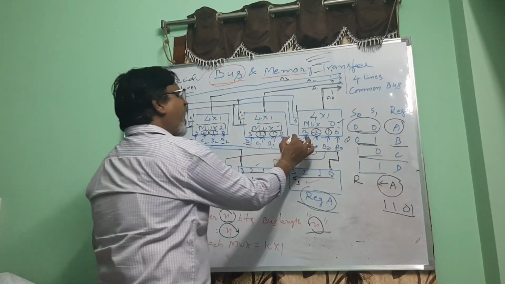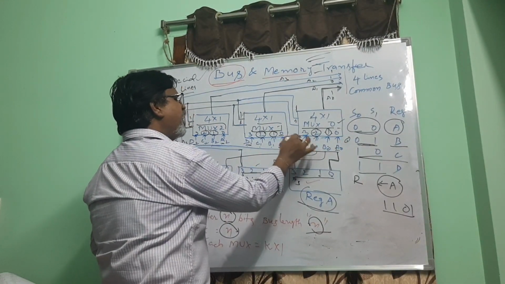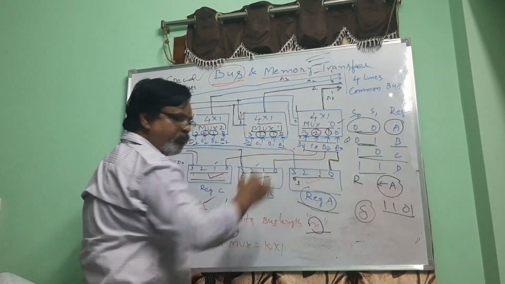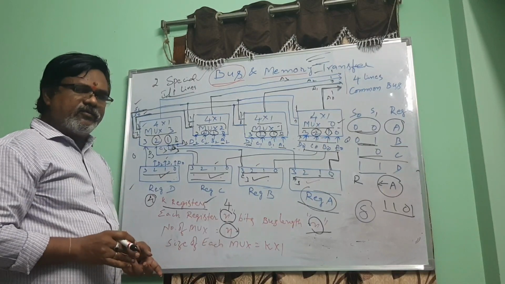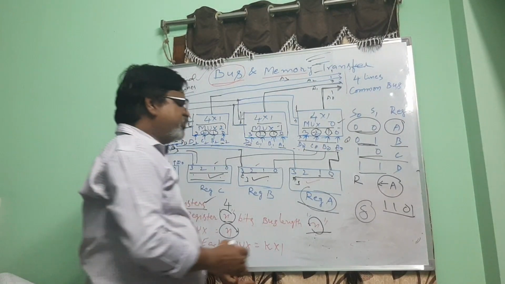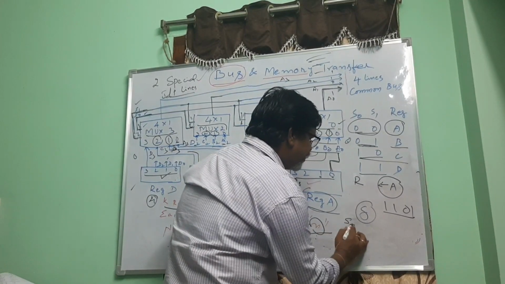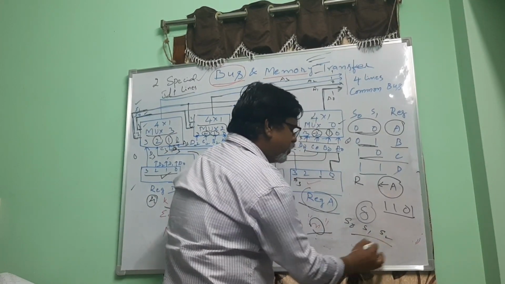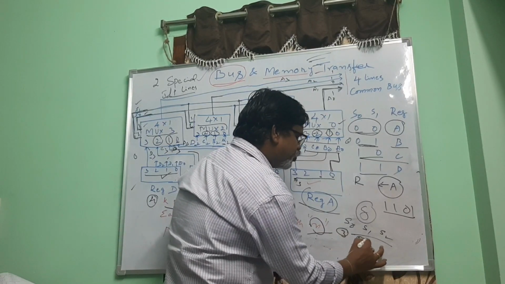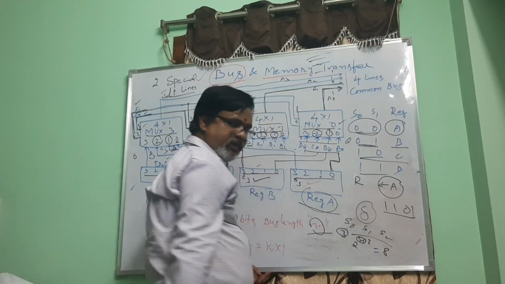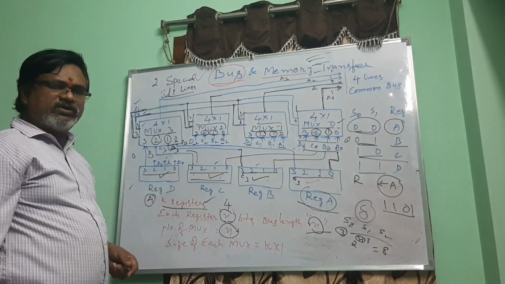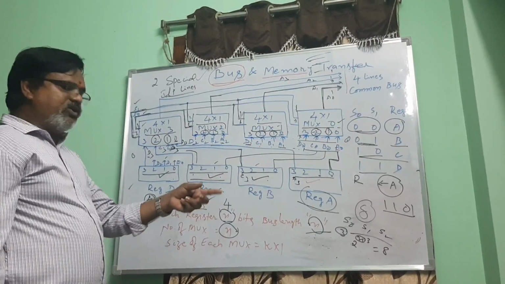So if you add the number of inputs here, when you get 8 inputs and select one input among the 8, you need S0, S1 and S2, 3 inputs, to generate 2 power 3 combinations, a total of 8 combinations. To select among 8, simply you can use 3 select lines, S0, S1 and S2.